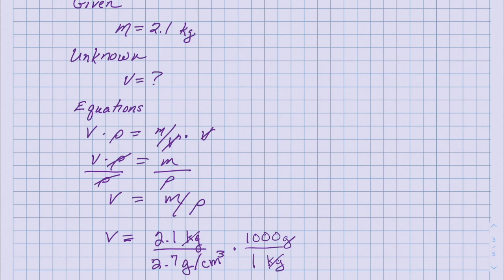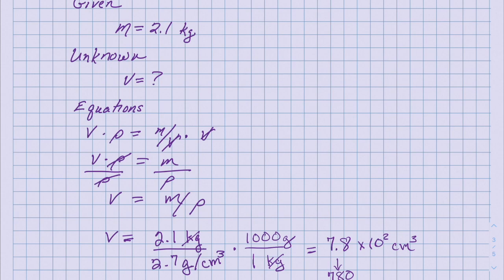And so if we multiply all of this through, this is going to give us roughly 780 cubic centimeters. And I'll write it in scientific notation. So that's 780 cubic centimeters. So that's what we have, all right? So we've got 780 cubic centimeters as the volume.